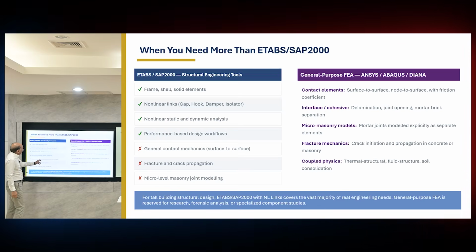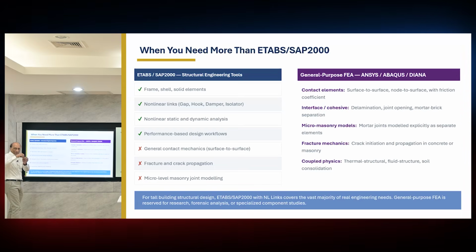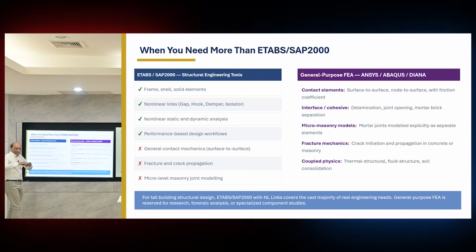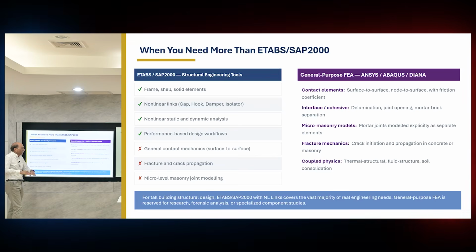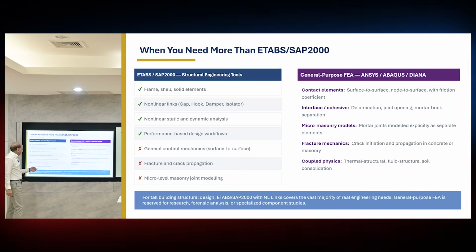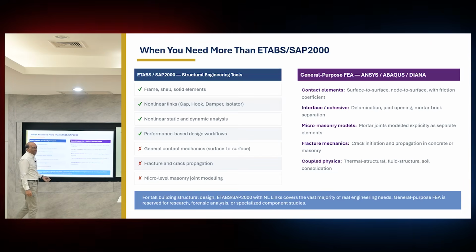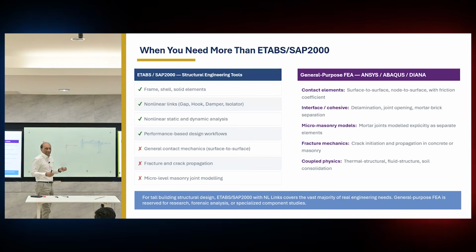Then general contact mechanism, surface to surface sliding, not point to point, but surface to surface. That you're not modeling just a node with a two connection, but full surface contact, you cannot handle. Then fracture and crack propagation, you cannot handle. Micro level masonry joint modeling, the mortar inside, and all of that we cannot handle.